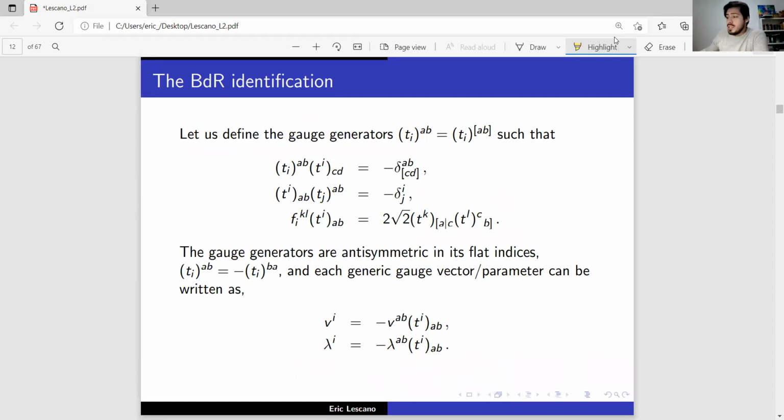Here we have gauge generators. We are going to use these gauge generators in order to turn the gauge degrees of freedom into the gravitational ones. We have these three equalities over here. The products with gauge generators give us some delta functions.